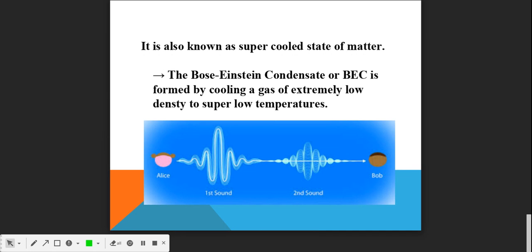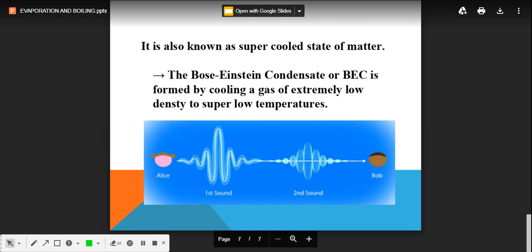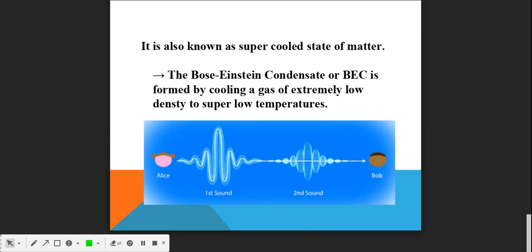It will just slow down its speed a little, right? This is the first sound that we have heard at the microscopic level, and this is the second sound that we have heard at the microscopic level. So, what is this sound all about? It is telling us about the speed of that particle, that it slows down when the temperature goes on decreasing.